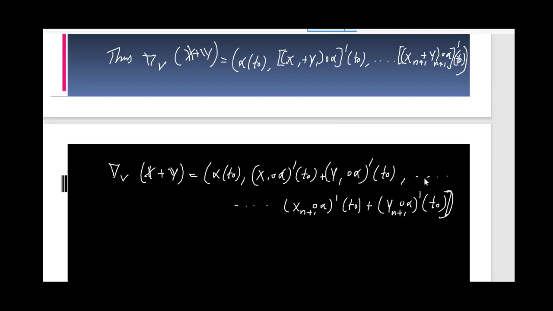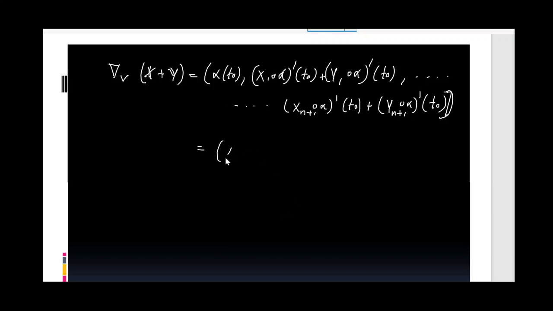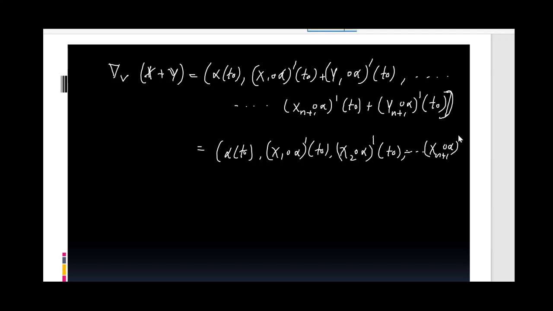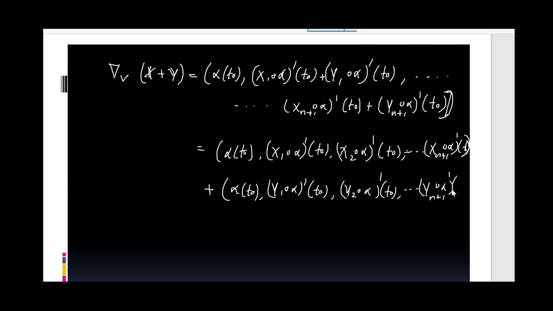Now you can write this as (alpha of t naught, x1 composition alpha dash of t naught, x2 composition alpha dash of t naught, etc., x_(n+1) composition alpha dash of t naught) plus (alpha of t naught, y1 composition alpha dash of t naught, y2 composition alpha dash of t naught, etc., y_(n+1) composition alpha dash of t naught).